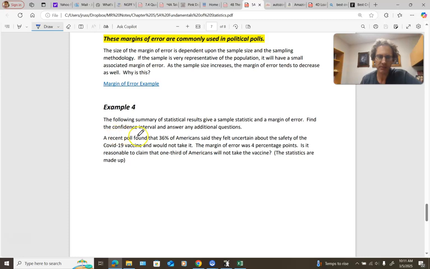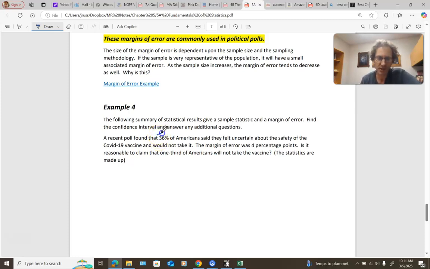A recent poll found that 36% of Americans said they felt uncertain about the safety of the COVID-19 vaccine and would not take it. It doesn't say how many individuals we polled, but we found that 36% of them were leery about the COVID-19 vaccine.